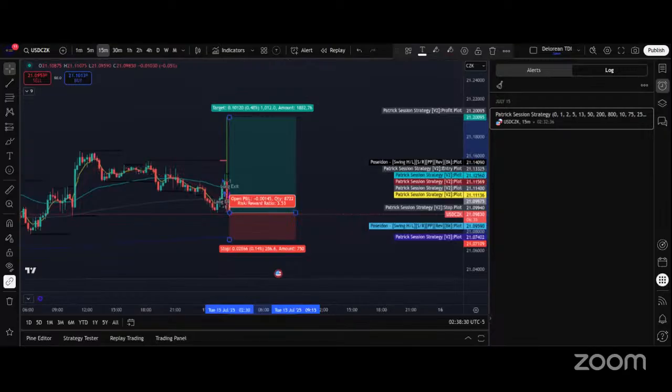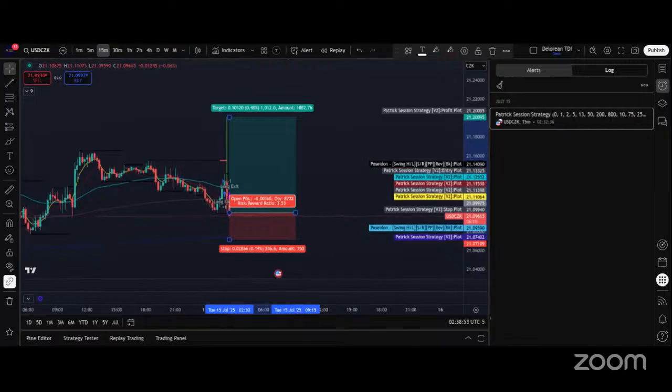Okay. Just going to hit stop loss and a recall. All right, this is again a 15-minute confirmation of the United States dollar versus Czech dollar on a market execution buy.